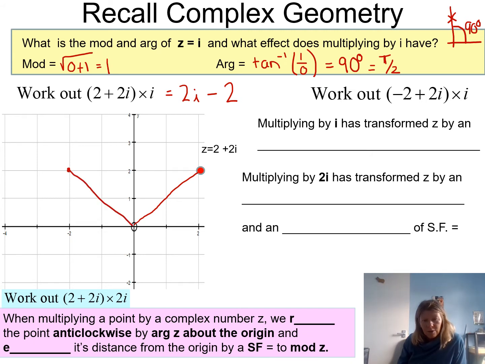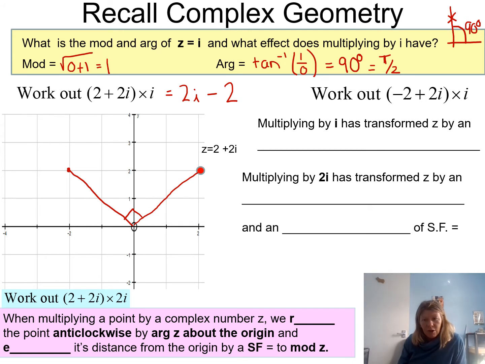So what has timesing by i done to that stick? Can you see? What's that angle there, do you think? Ooh. And modulus 1. So it hasn't, if you worked it out already.